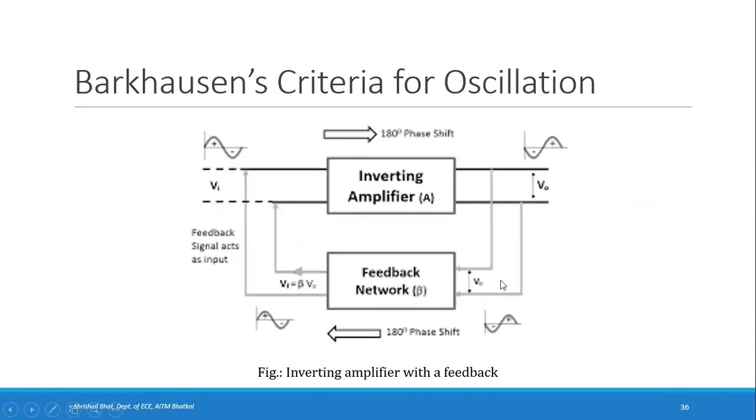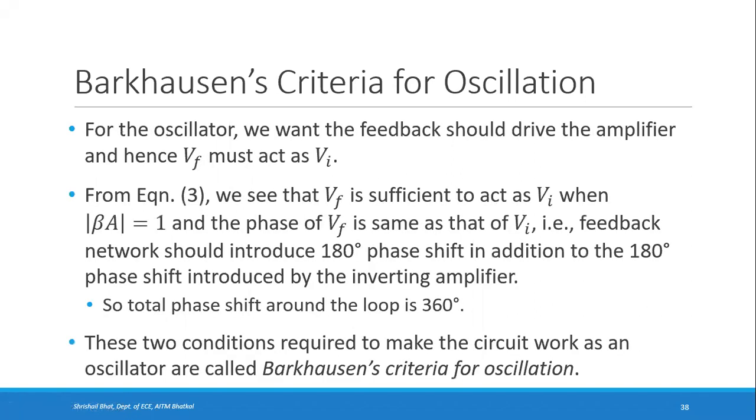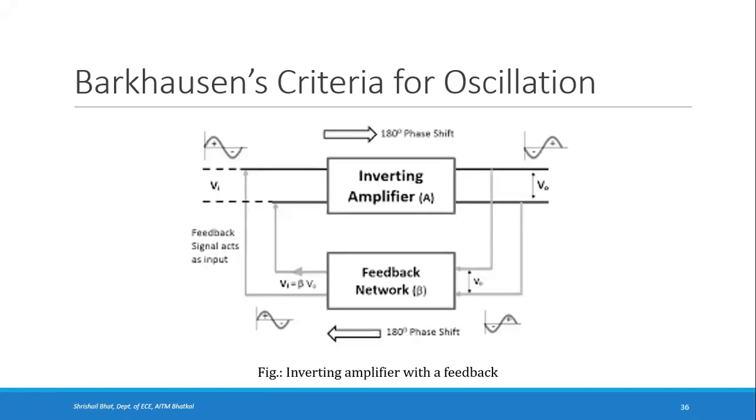Beta is Vf divided by V0, or in other words, the feedback voltage Vf is equal to beta into V0. So if you substitute V0 equal to A Vi, we get Vf equal to beta A times Vi. Now, in this case, we are not supposed to give the input voltage, right? But the feedback voltage itself is connected as the input voltage. That is, Vi will be equal to Vf.